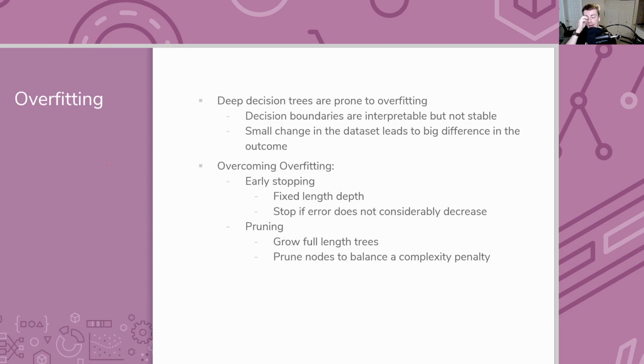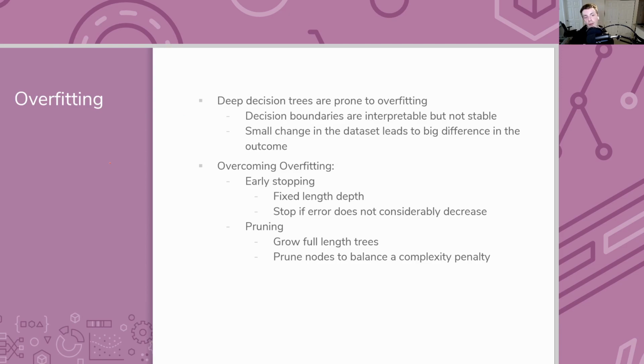So while the decision boundaries are useful and interpretable, they're not stable if you have this really deep tree, because it might result from a high variance decision that you got this particular threshold because there was a lot of variance in this small number of points deep in the tree. And so it's possible for a slight change in your data set to lead to a large change in the outcome because a tall tree is a high variance tree.